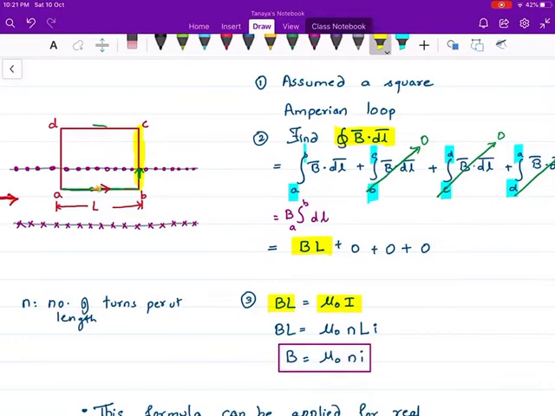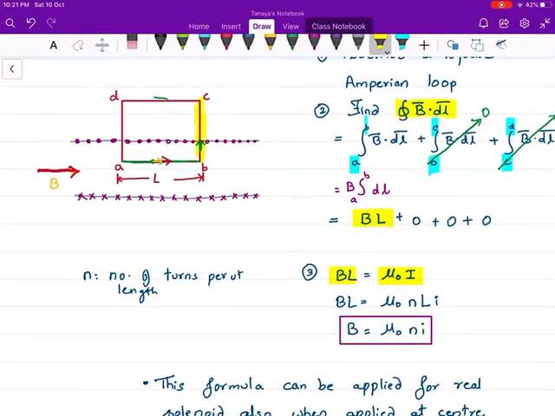We know that the current flowing through each coil or each turn is small i, because that is the current flowing through the coil. So if I have n number of turns per unit length, and capital L is the length of this coil, that is AB, then the number of turns enclosed is going to be n into capital L. This is the number of turns in the Amperian loop.